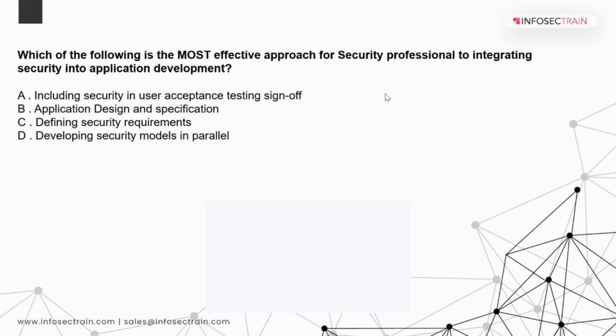Okay. So in this particular question, the answer is C. First, you have to define the security requirement when you are going to develop any application or any system. The first phase is the initiation phase, and you have to define your security requirement in the initiation phase.